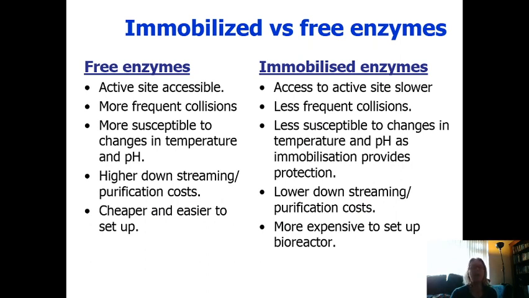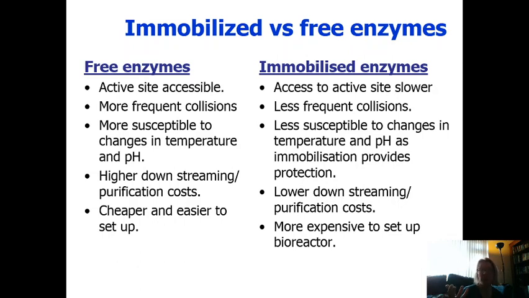So we can compare immobilized enzymes and free enzymes. With free enzymes, the active site is always accessible, whereas with immobilized enzymes, access to the active site is a little bit slower because they have to diffuse through the medium if it's entrapment, and that can take time.